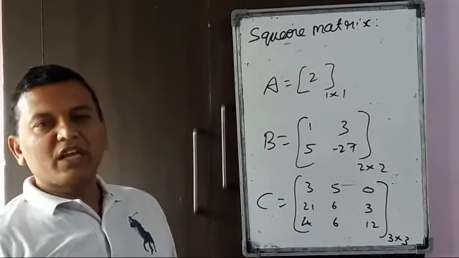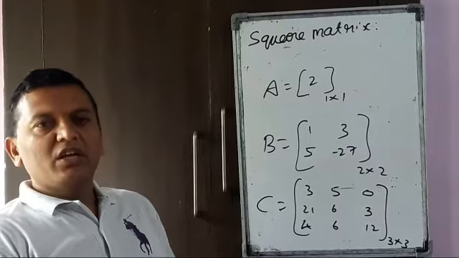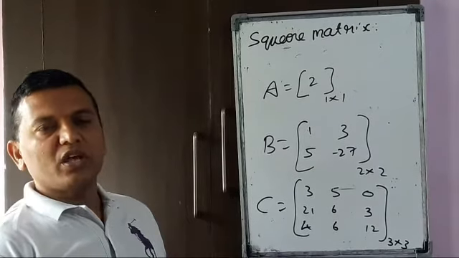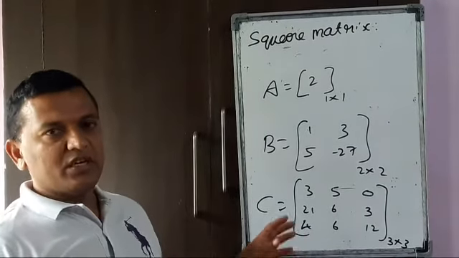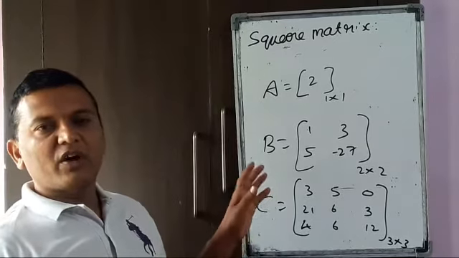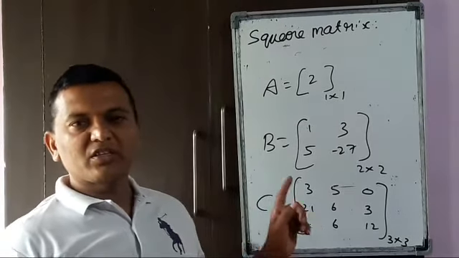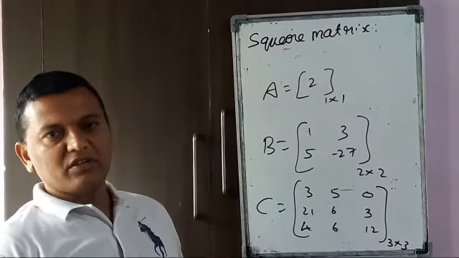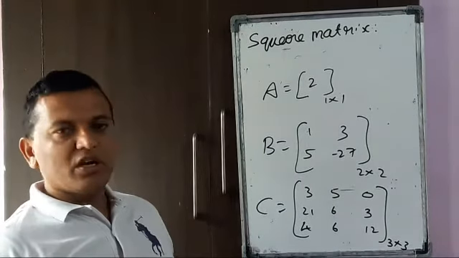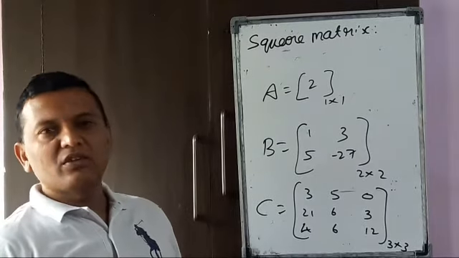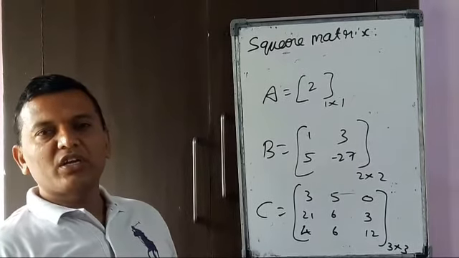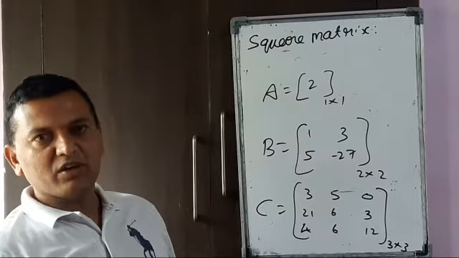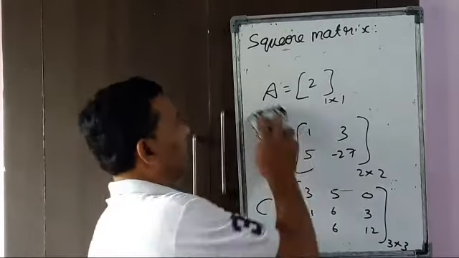So it's very clear: a matrix of order m cross n is said to be a square matrix if m equal to n. The remaining two matrices are very important in terms of the definition, also for Karnataka board exams.